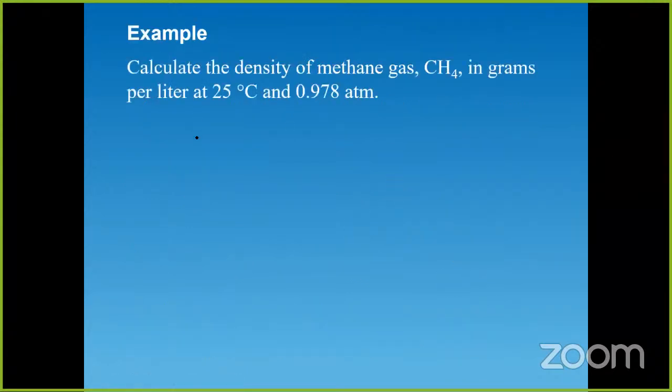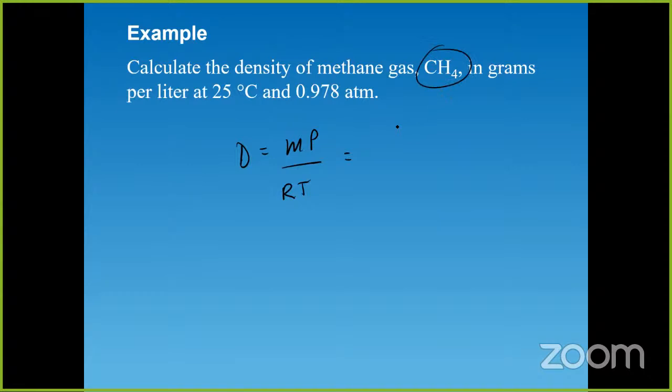This question says, what's the density of methane gas in grams per liter at 25 degrees Celsius and 0.978 atmospheres? Density, according to the formula we just saw, is MP divided by RT. M is the molar mass of methane, which we calculated earlier.